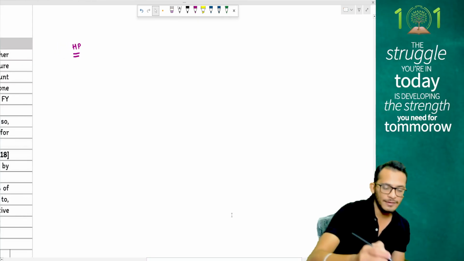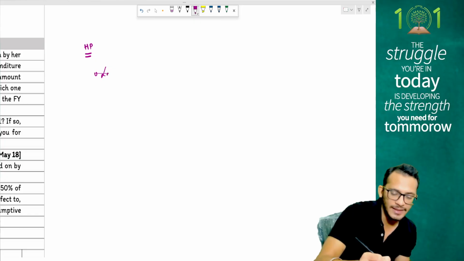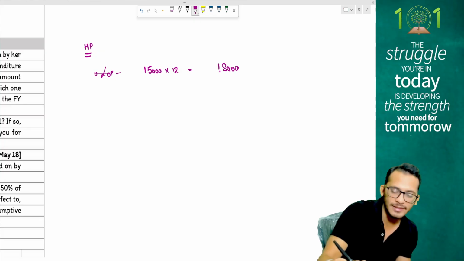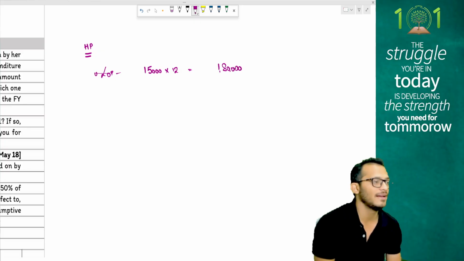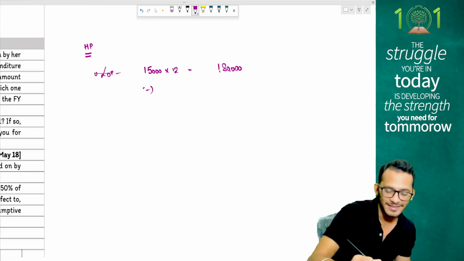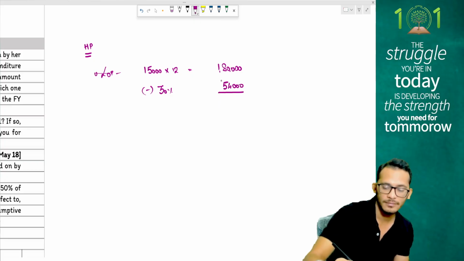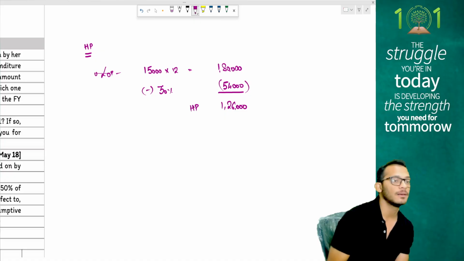For the LOP piece, the rent is 15,000 for 12 months, meaning 1,80,000. Minus 30%, which is 54,000, therefore 1,26,000 is my income from house property.